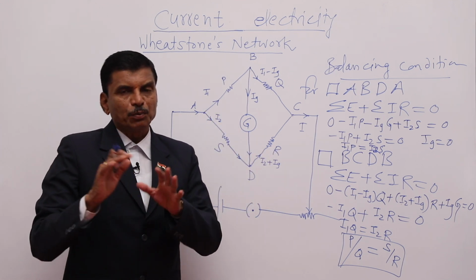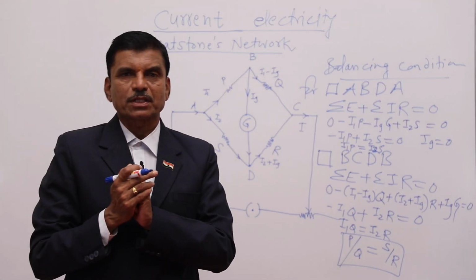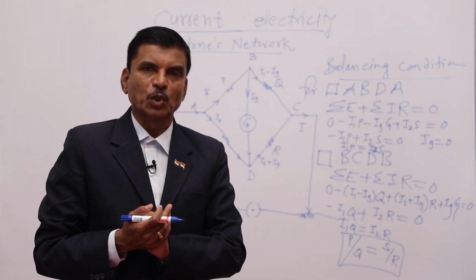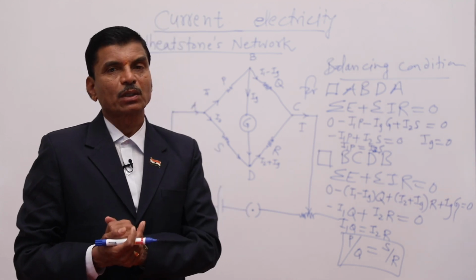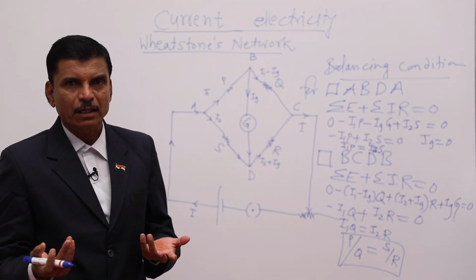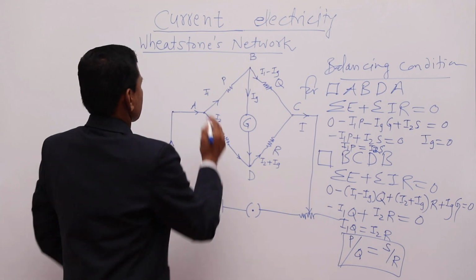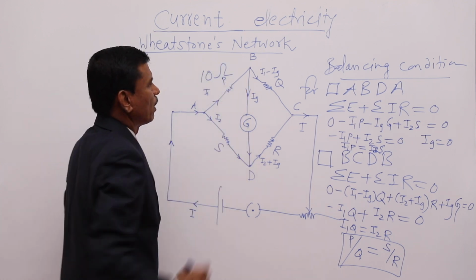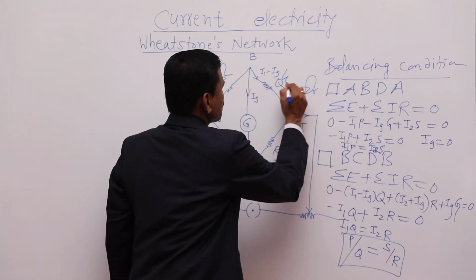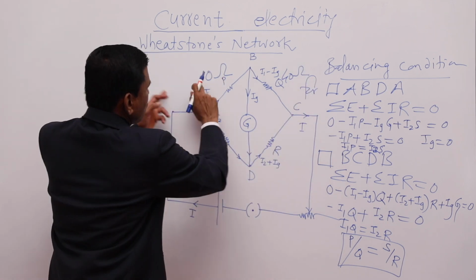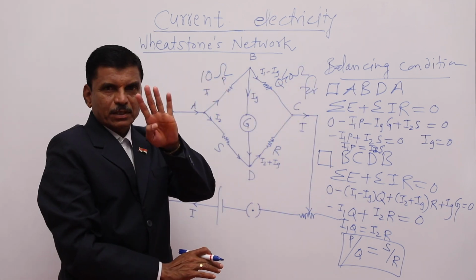See here, if out of these four resistances, three are known and one is unknown, we can find it. Okay? I am taking one example. Let this be 10 ohm. Let this be 40 ohm. So how many times is it? 4 times. Okay?